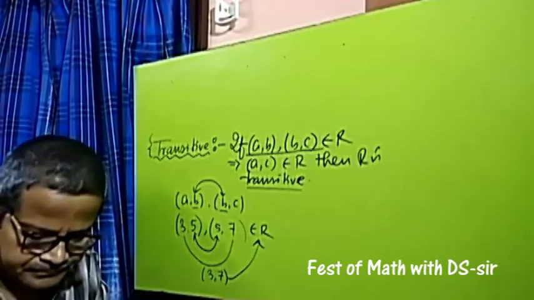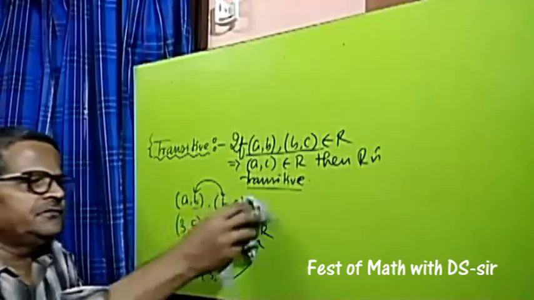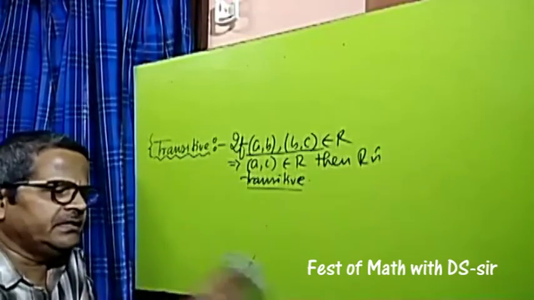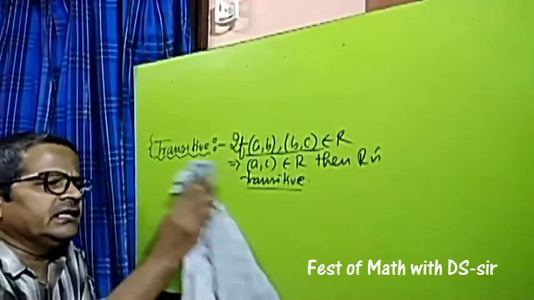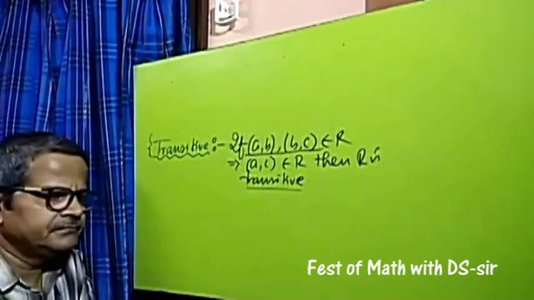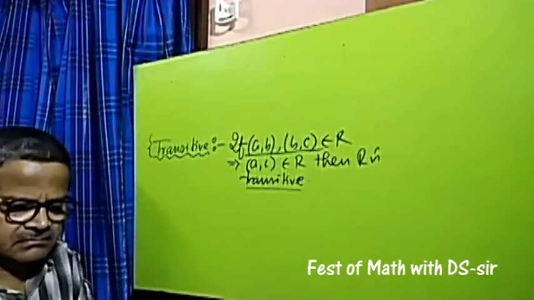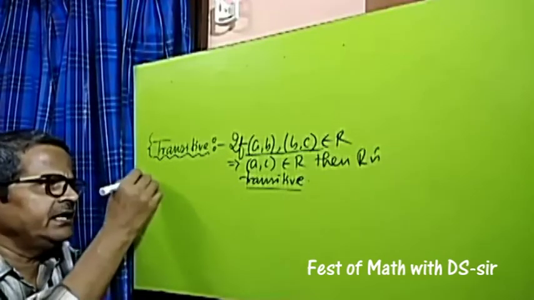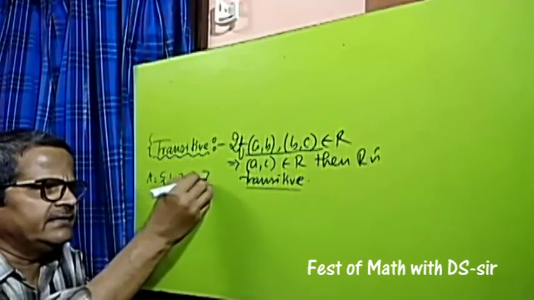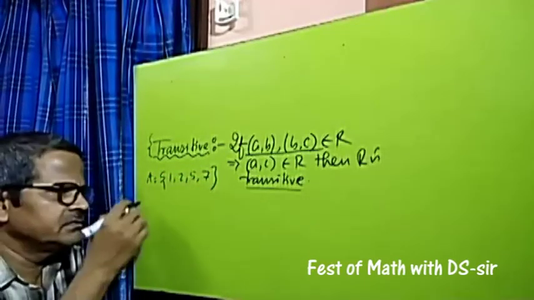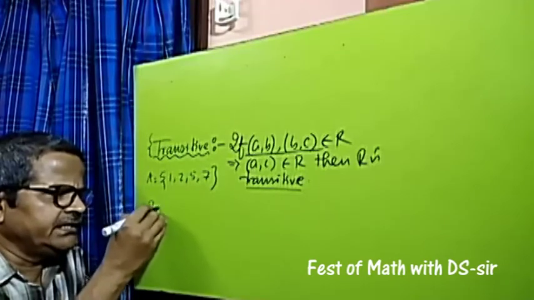Example. If we give some example, that will be clear to us. Let us consider the set remains the same, A = {1, 2, 5, 7} as usual. So I am taking a relation.